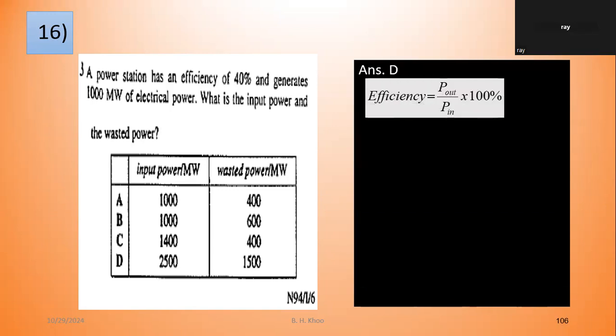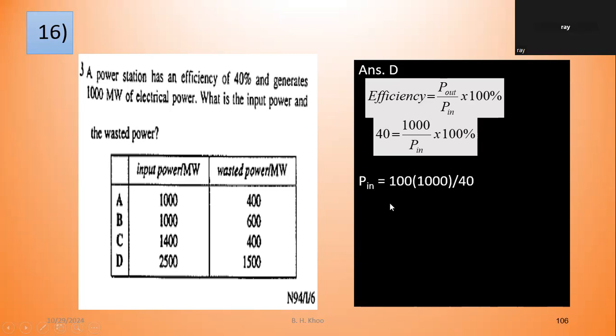Efficiency is power output over power input times 100%. Put in whatever is given, 40% is given. Power output is 100 megawatt. And power input, don't have to change the unit. The answer is going to be megawatt. So simplify it.